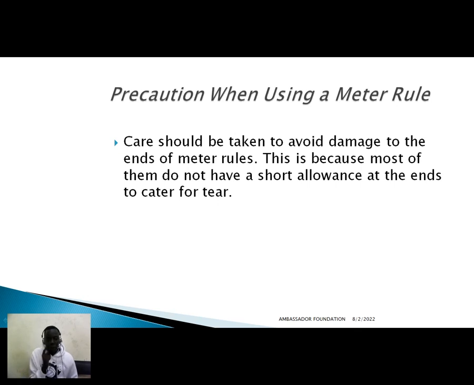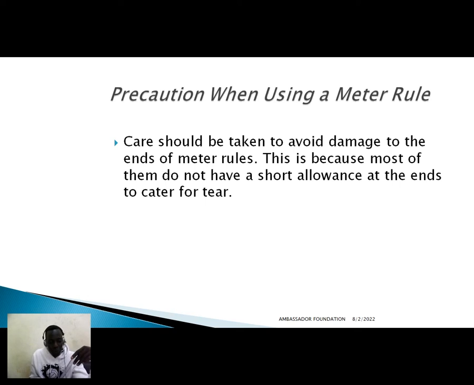There is a precaution that we are always supposed to consider when using a meter rule. The care that you are supposed to take when using a meter rule. As I told you earlier, meter rules do not have allowances at the end. Just the end is where the 0 centimeter mark is starting. This ruler, for example, has some allowance because they knew it will be used by students who are so careless.